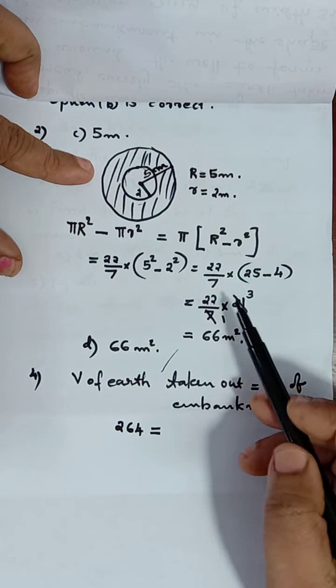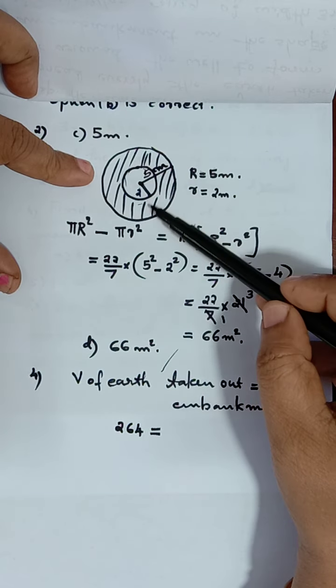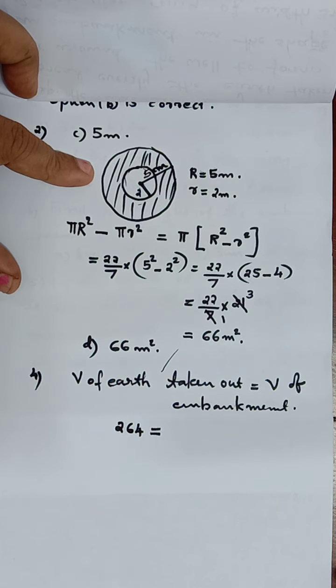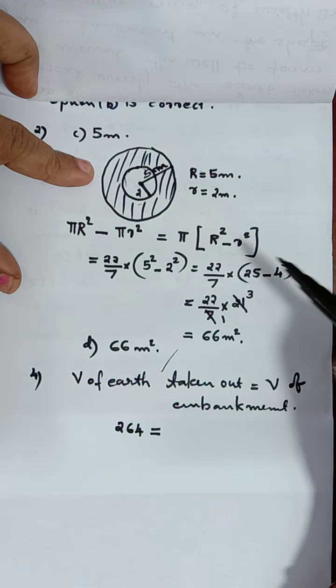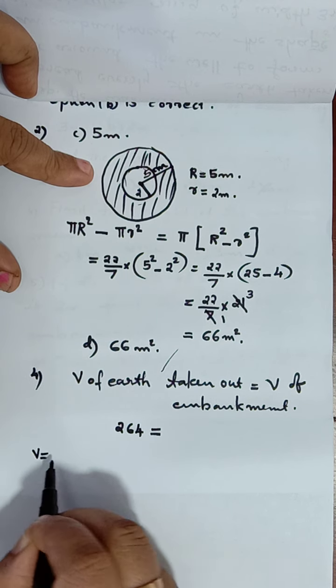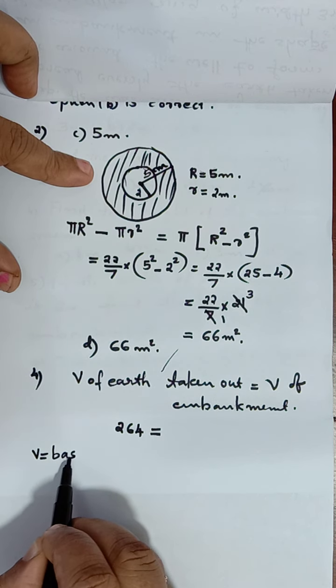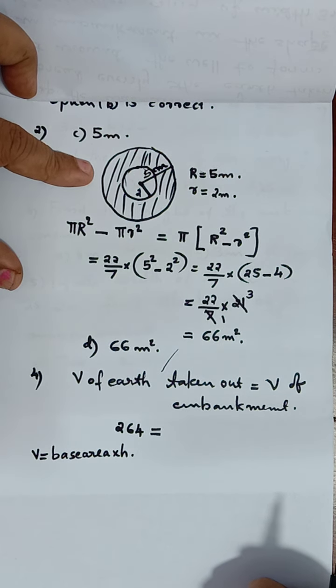For this embankment also, the top face we will see as a ring having a particular height. So the area of this ring into height. Usually volume is base area into height.